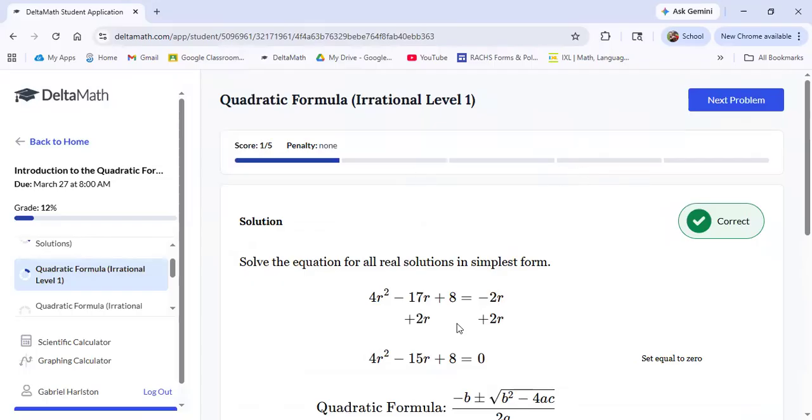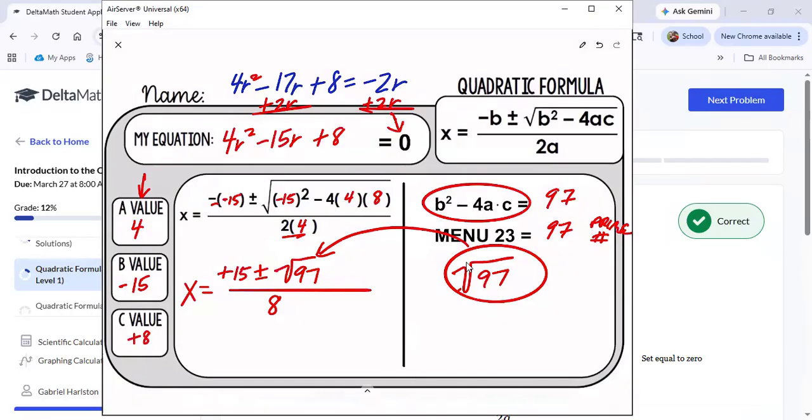All right, so let's go back and review this again. Remember, the quadratic equation has to be equal to 0 in order to use the quadratic formula. So we had to set it equal to 0. Once we set it equal to 0, we just find the a, b, and c. Once we find the a, b, and c, we're going to use the determinant, or the b squared minus 4ac part.